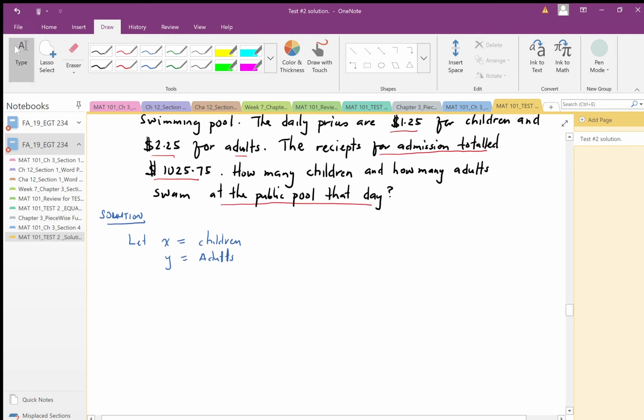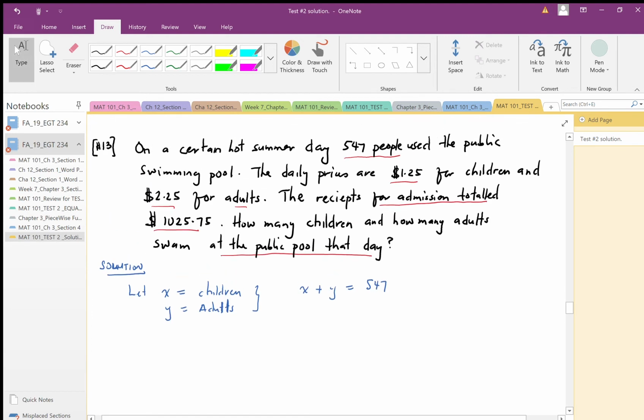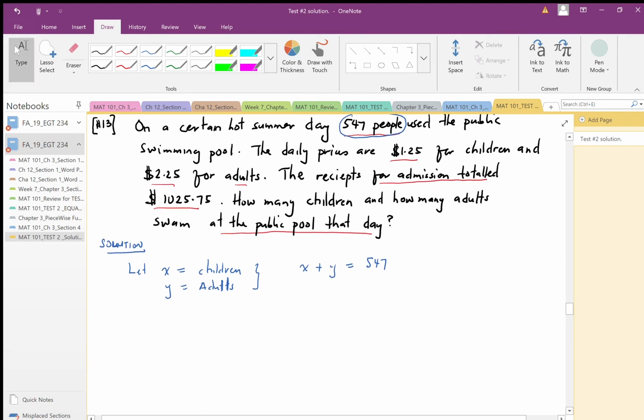When we do that, you can now write an equation: x plus y equals 547, because a total of 547 people were at that public pool, a combination of children and adults.